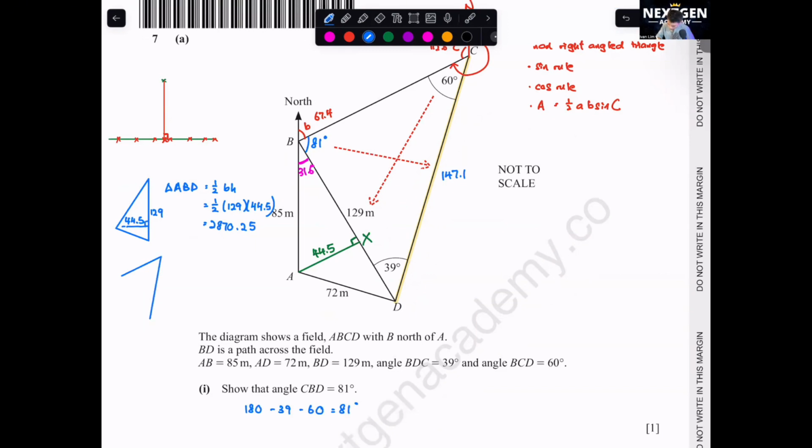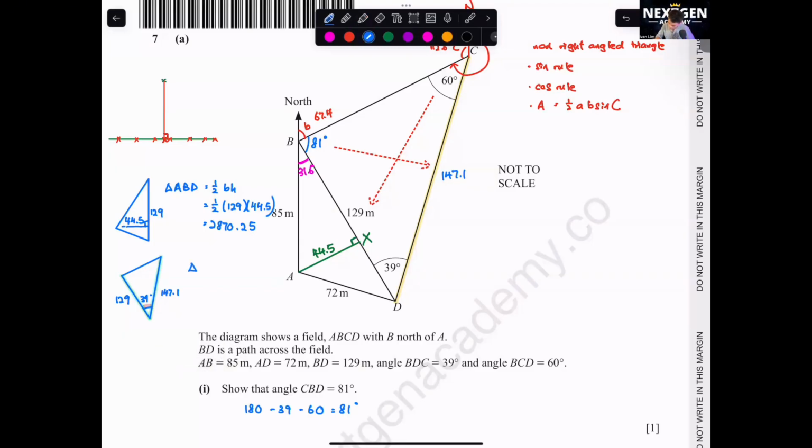The next one is over here. Okay, we will use here 129, 147.1. Then this 39 degrees. Okay, you have to take like that. This is your crocodile mouth. Okay, you got the mouth, you got the tongue.